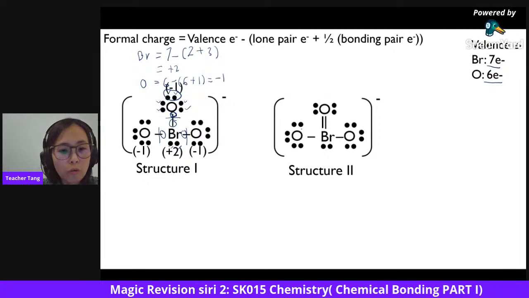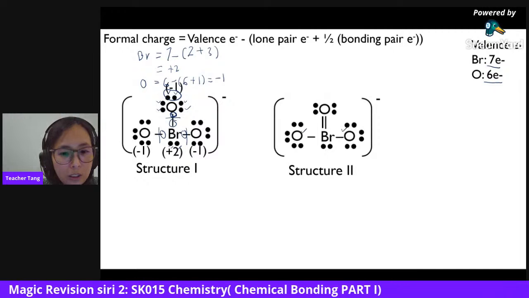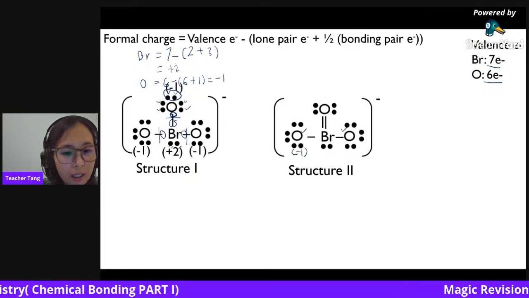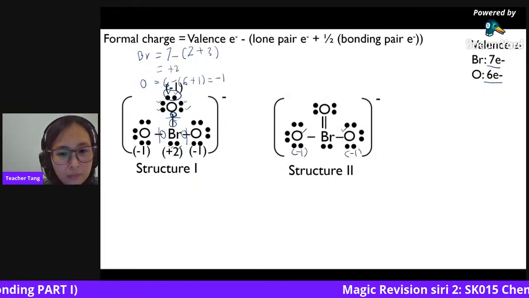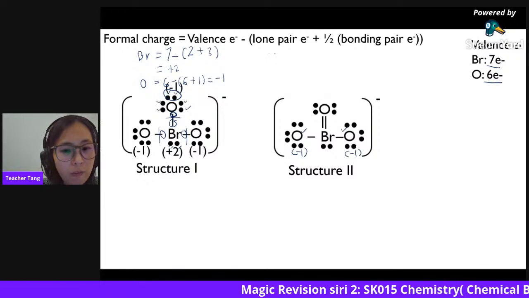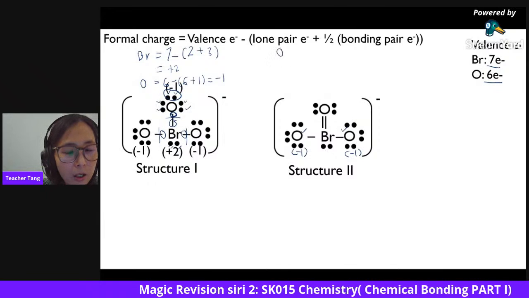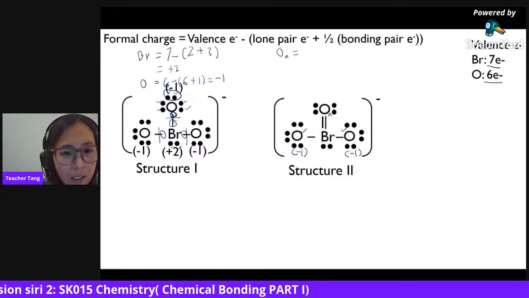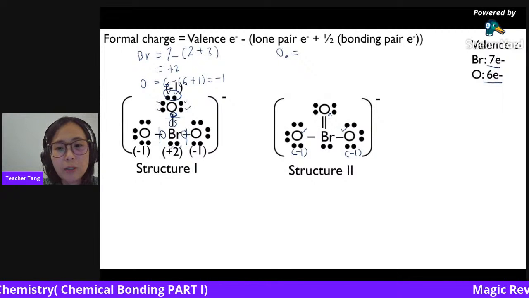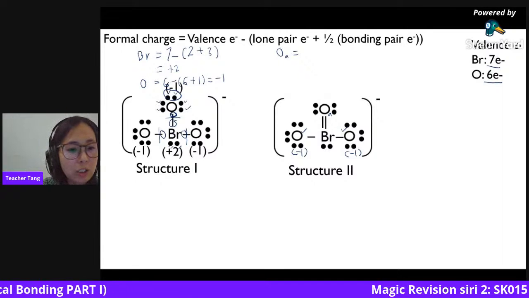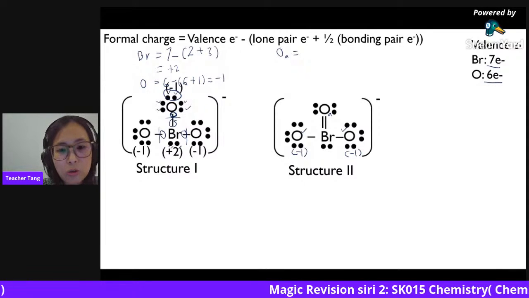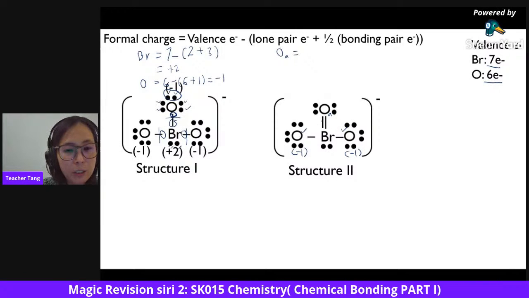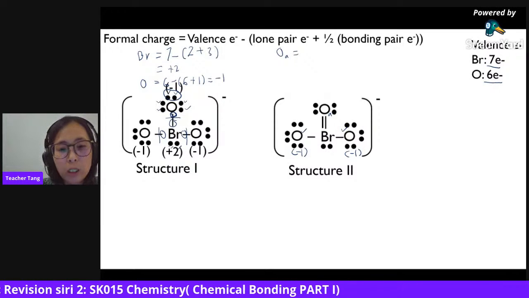For these 2 oxygens, we didn't touch them, so they still have the -1 formal charge. For the oxygen involved in the double bond, I call it oxygen A. We need to calculate the formal charge again, because previously in structure 1 it was a single bond, but in structure 2 it becomes a double bond, since one of the lone pairs is used to form the double bond. So we need to recalculate the formal charge.